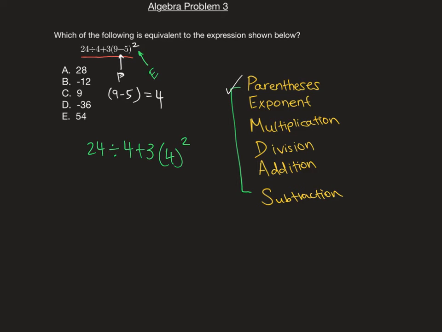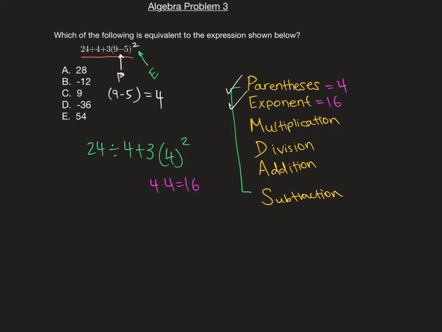When you do an exponent, it's not the entire equation, it's only the number that it's above, and that would be 4. Squared is the same number times itself. So what's 4 times 4? 16. Let's go ahead and check off our exponent.